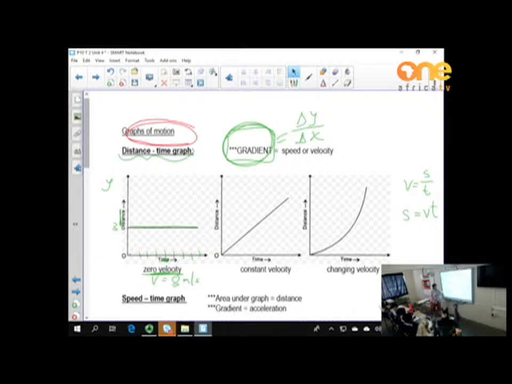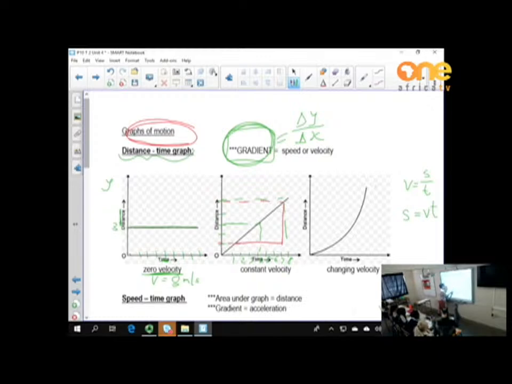Look at this one. Here I have a line with a gradient. So let's just say time traveling, there we go. Okay, so 1, 2, 3, 4, 5, 6, 7, 8. And over here we have 2, 4, 6, 8, 10. Now, can you see you can work out a gradient of that line?